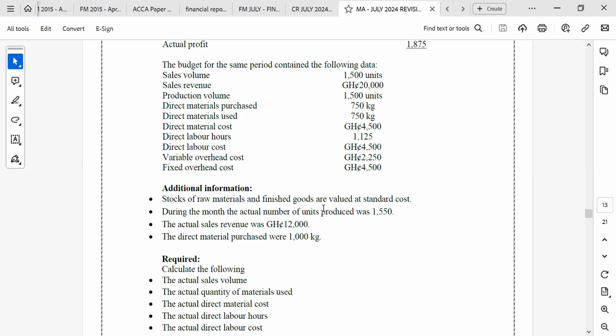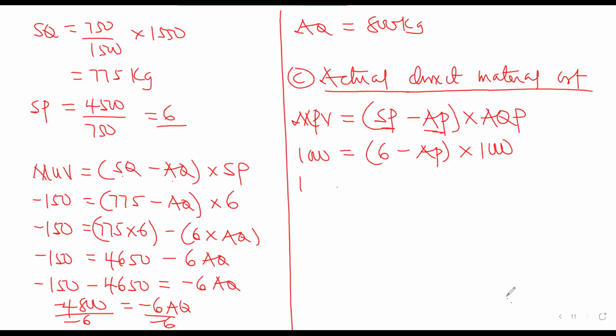So our material price will be valued at the actual quantity purchased. We purchased 1,000 and paid what for the 1,000? That is the standard cost that they are talking about. So we multiply this by the 1,000 now. This will be 6,000 minus 1,000 AP. Is that correct?